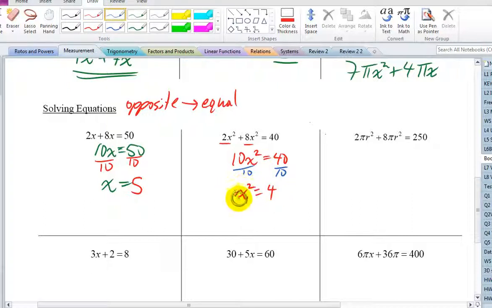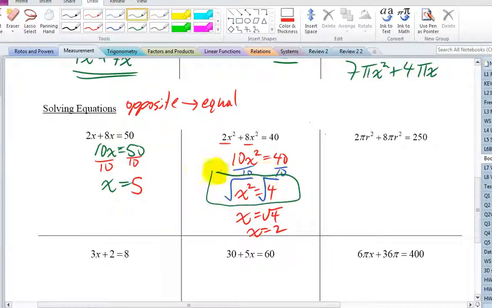This is new. Square root. Do that to both sides. So x equals square root of 4, x equals 2. This is something that's a little bit new. It's a very important one. Okay, square root both sides. Now most of you are just going to write that. I'm happy with that. If you make that connection, that's fine.